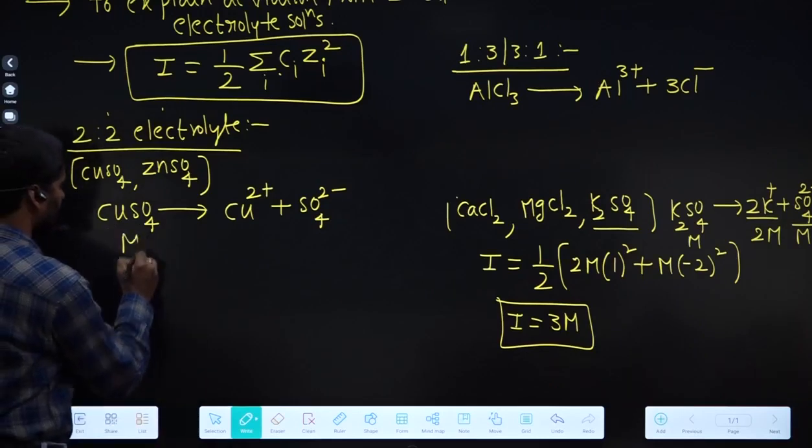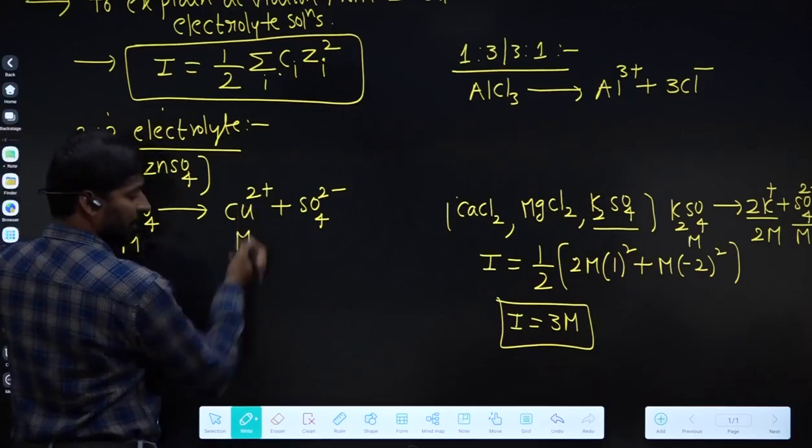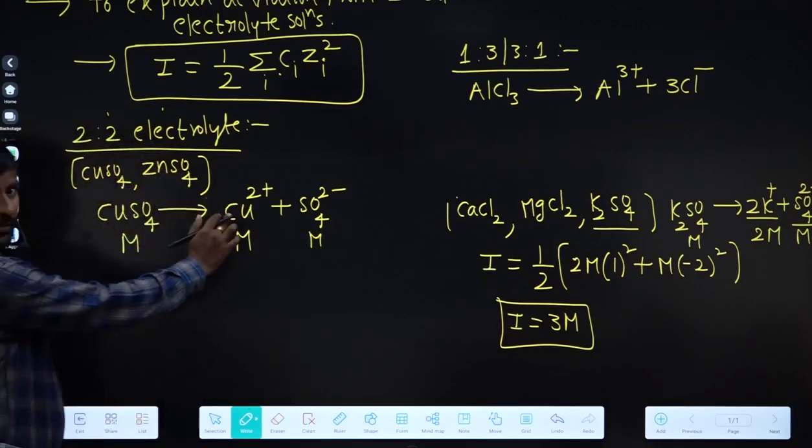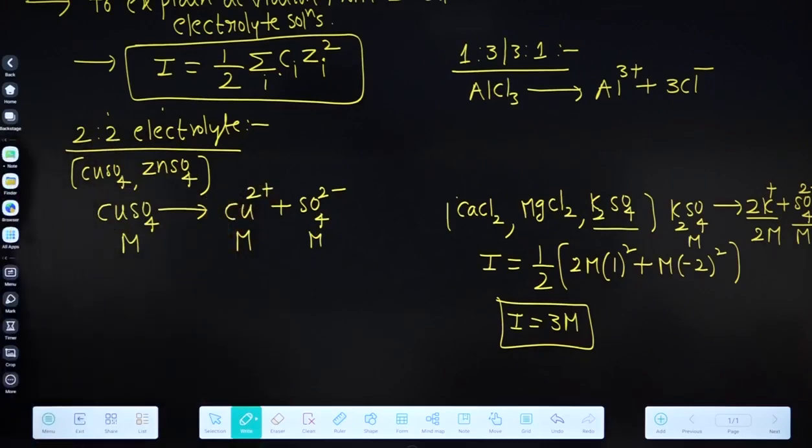Okay, if the concentration of copper sulfate is m, the concentration of copper 2+ ions is m, sulfate ions also m. 1 mole of copper sulfate gives 1 mole of copper 2+ ions and 1 mole of sulfate ions.